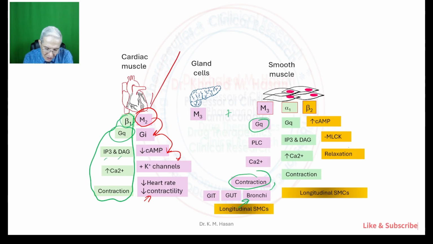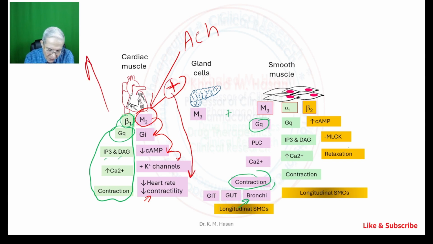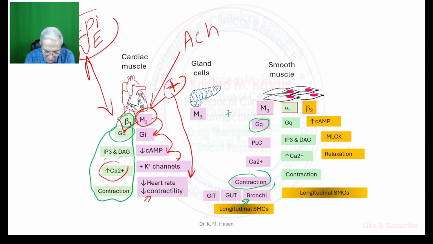You can see here acetylcholine activates M2 receptor in the heart. Acetylcholine slows heart rate. What is the effect of epinephrine and norepinephrine on the heart? Epinephrine and norepinephrine stimulate beta 1 receptor in the heart, increased level of calcium, increased contraction, and increased heart rate.